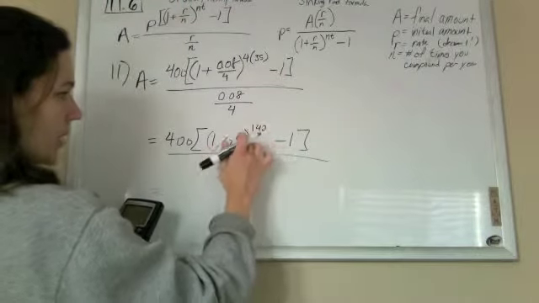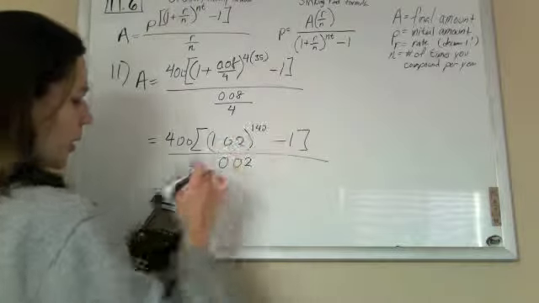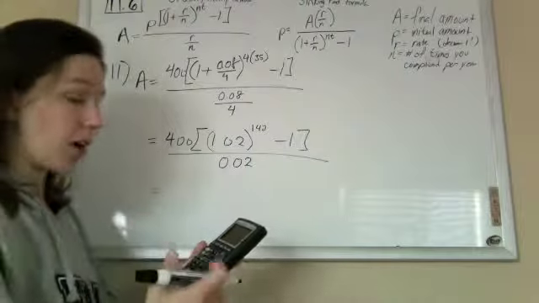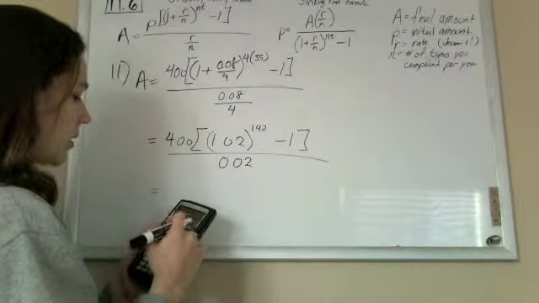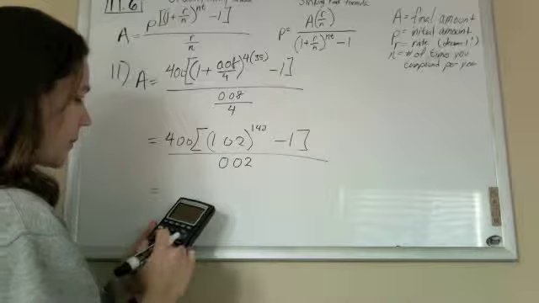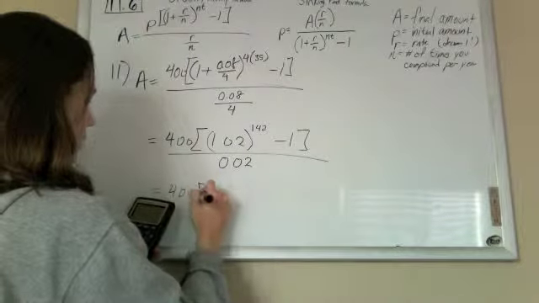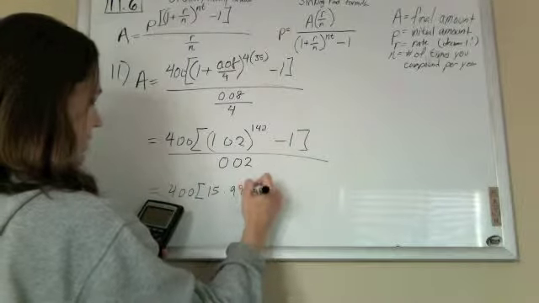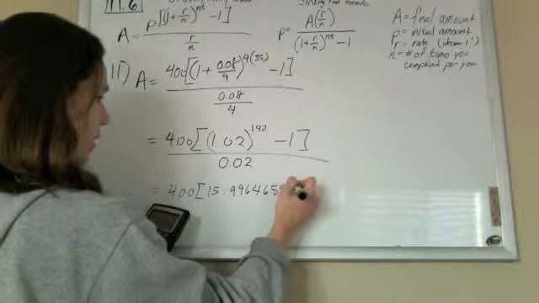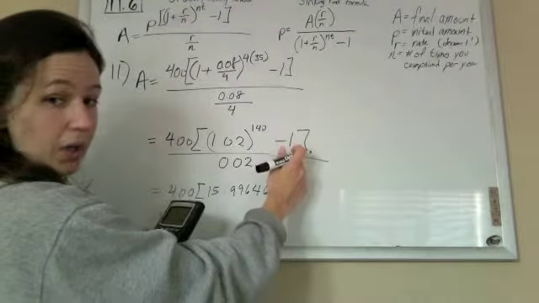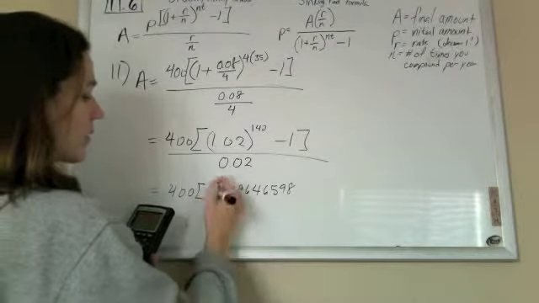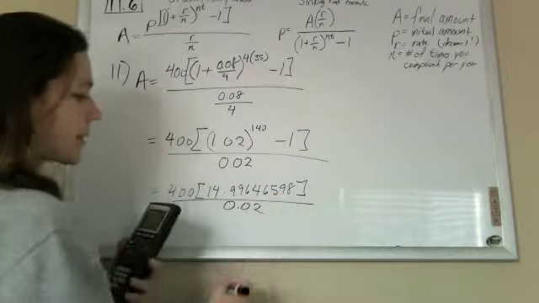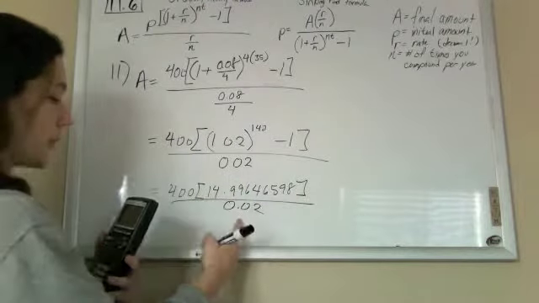Now we're going to zoom in on this. So I'm going to do 1.02 to the 140th power. So you're looking again for the caret or the x to the y button on your calculator. And I'm getting 15.99646598. But remember, I want to subtract a 1, so I'm just going to make this 14 point blah blah blah. And I'm still dividing by the 0.02.